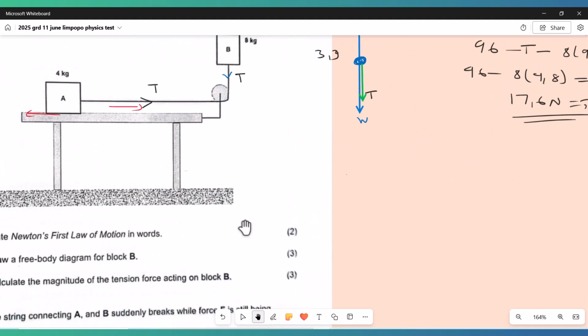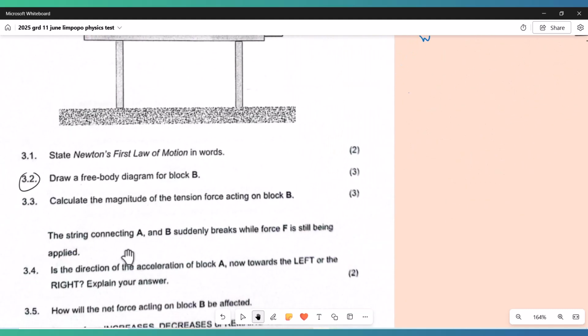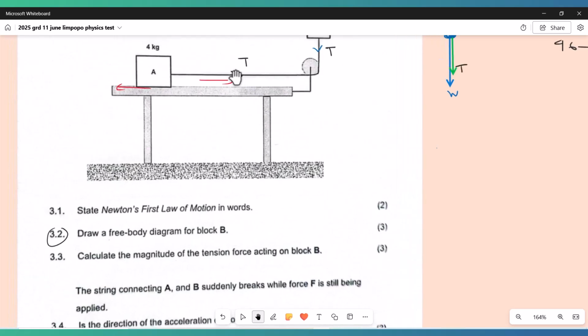Let's check it out. They said the string connecting A and B suddenly breaks while the force F is still being applied. Is the direction of the acceleration of block A now towards left or right? Explain your answer. Now, if the string breaks, it means that there is no more applied force here, but the initial momentum is taking it forward.